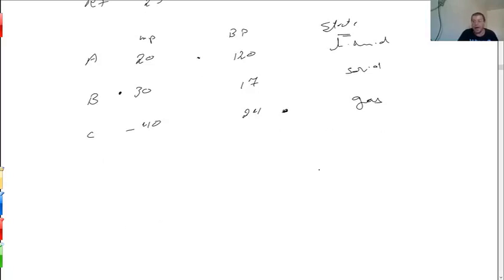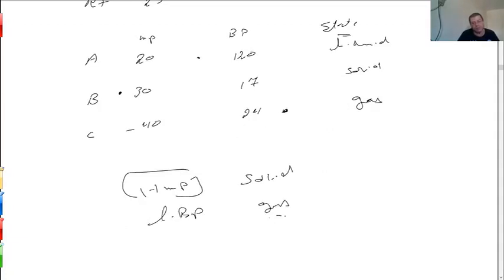So if the substance has a high melting point, it will be a solid. Has a low boiling point, it will be a gas. I'm repeating it, maybe I confused you. High melting point for the solid substance. Low boiling point for the gas substance.